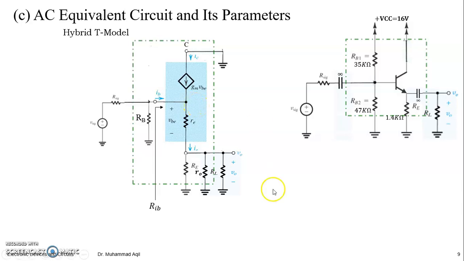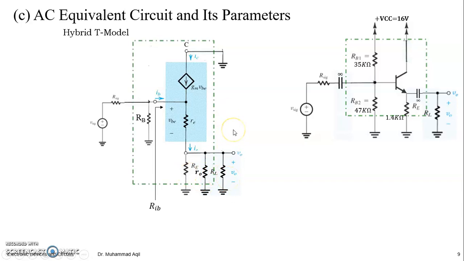But before doing that, RE is not alone, RE is in series with some other things. So let's close it from here and then we can see what resistance is seen at the base side. So here we can see these three resistances are parallel.